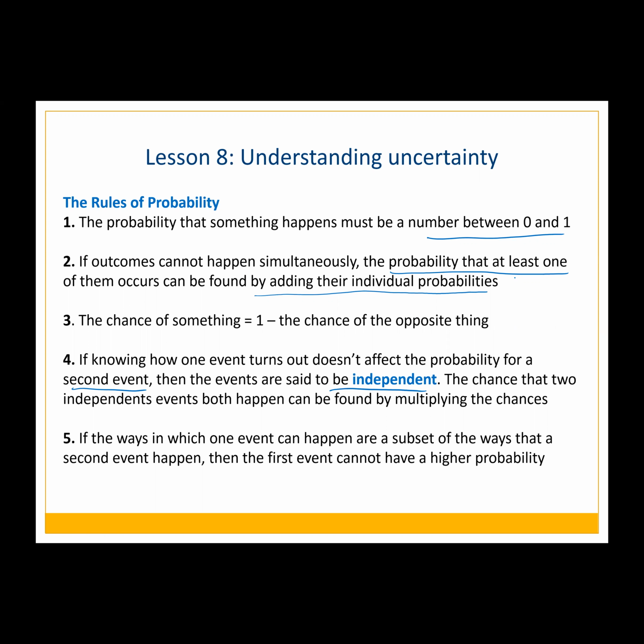The last rule is that if the ways in which one event can happen are a subset of the ways that a second event can happen, then the first event cannot have a higher probability. An example: if you need a number to be at least some value, the events that your value equals that value or is bigger than that value are just possibilities within the "at least" statement.